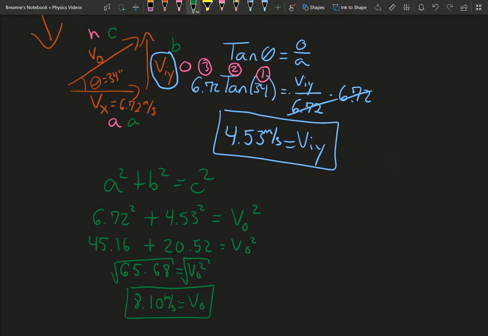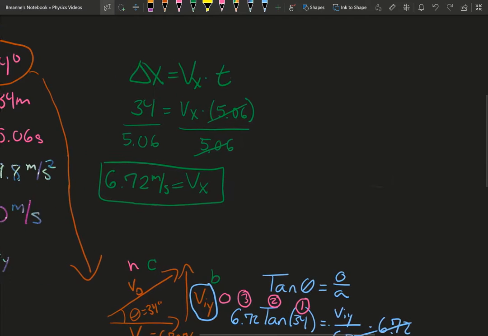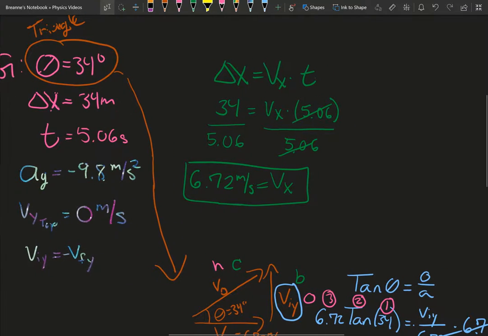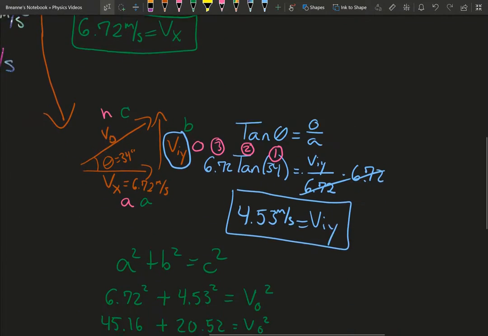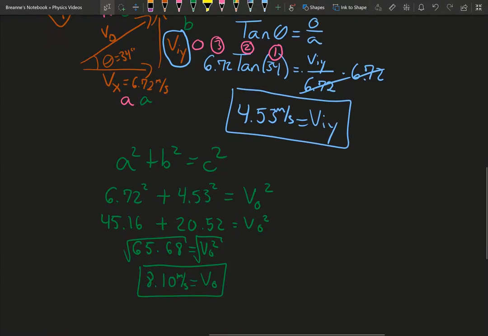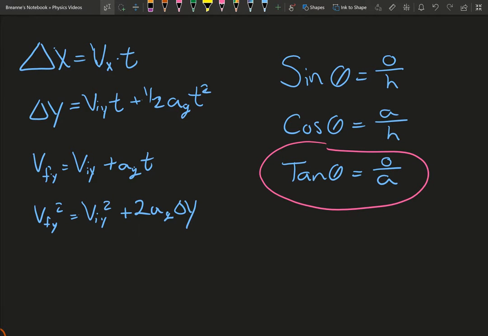So before we even looked at the questions, we sat there and broke down all our velocities. We got our velocity in the x, our initial velocity in the y, and our plain old initial velocity. The reason we did that is because every single equation has some type of velocity in it.